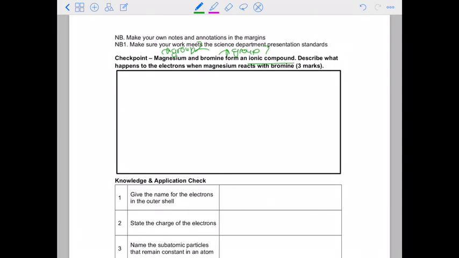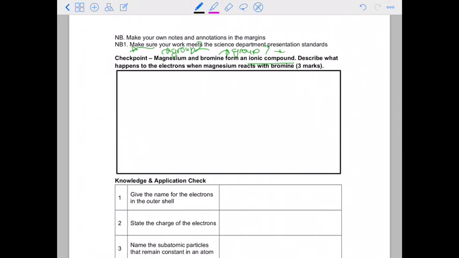So what do you think happens to the electrons in magnesium compared to the electrons in bromine? Think about what they want to do and how they might work together to deal with their electrons. So try to maybe draw a picture or write about what would happen, and we'll talk about it in a minute.